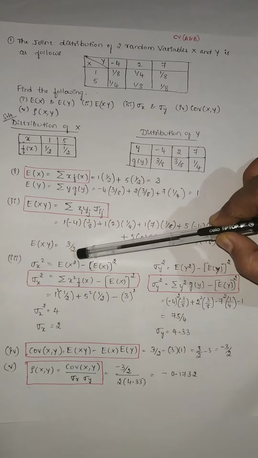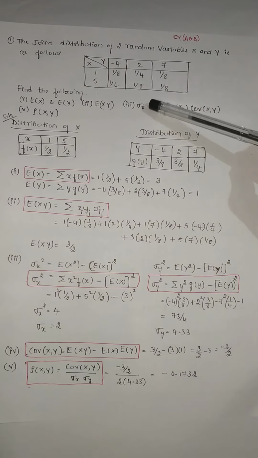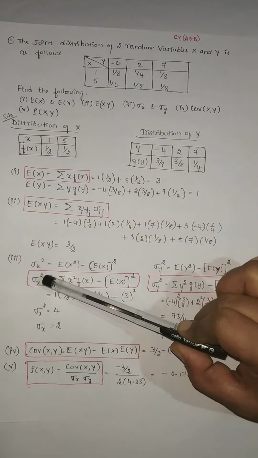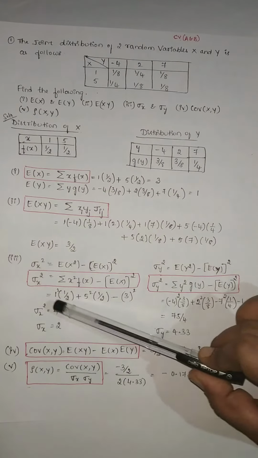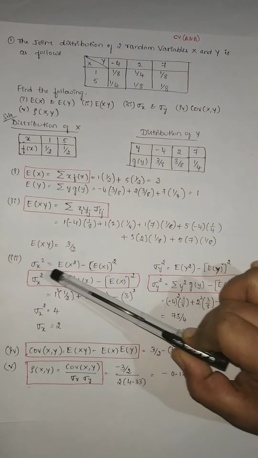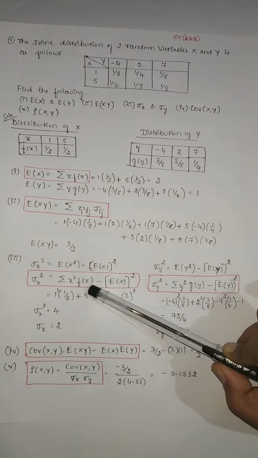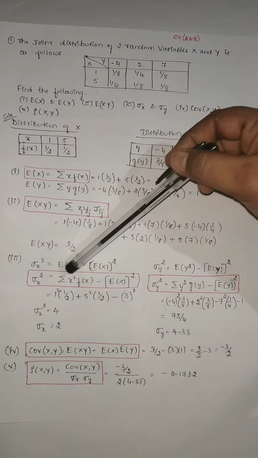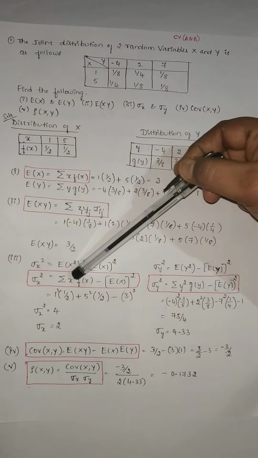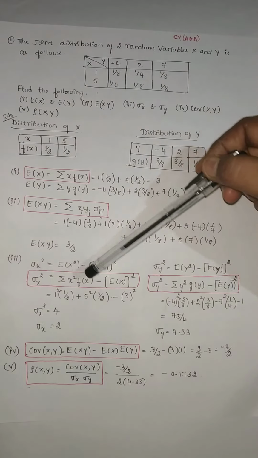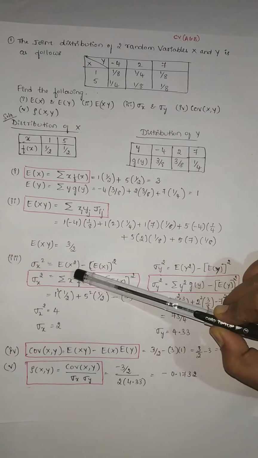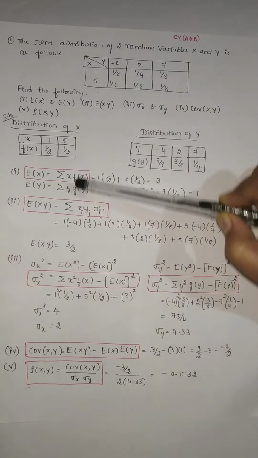Okay, and now to find the standard deviation sigma x, you have this formula. Sigma x square, the variance formula, is summation x square into f of x minus E of x whole square. So you take x square and multiply it with f of x.